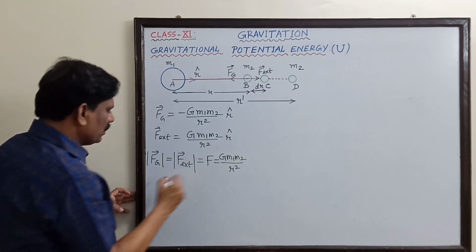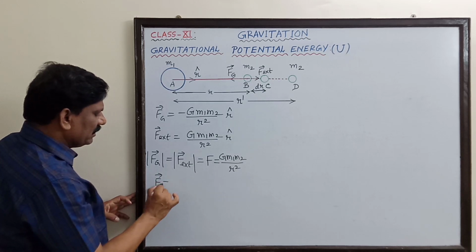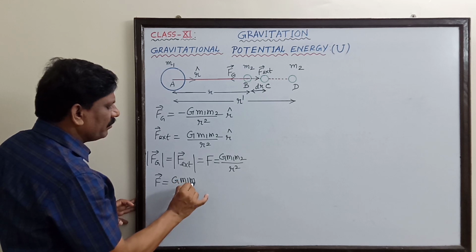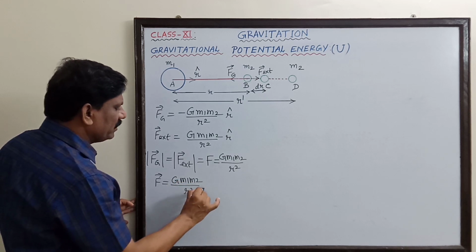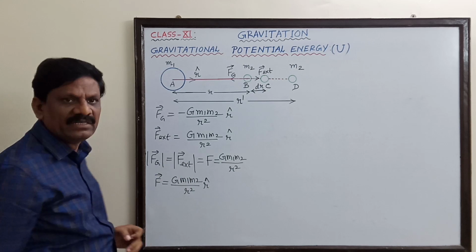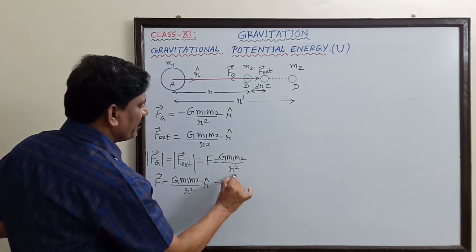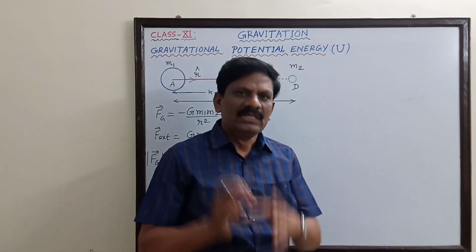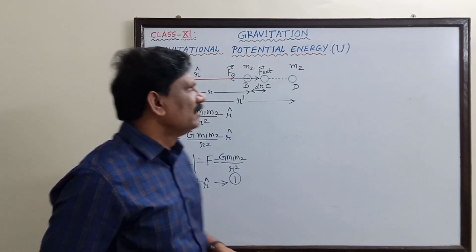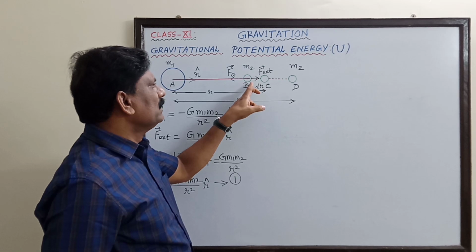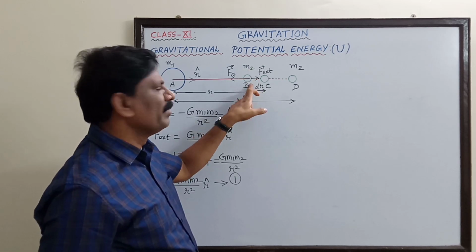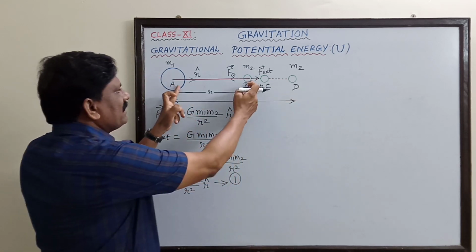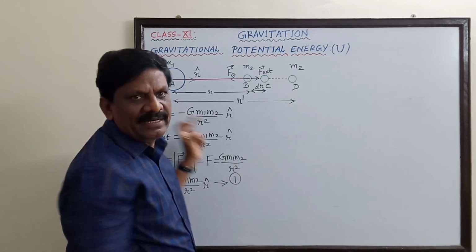The same, if you want to express it, F can be written as G m1 m2 by r square into r cap in general. So this is our equation 1. Now there are two ways. One is what happens when I move this mass m2 from a point B to a point D, from a distance r to a distance r dash.